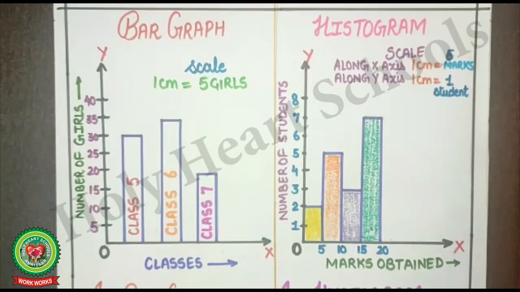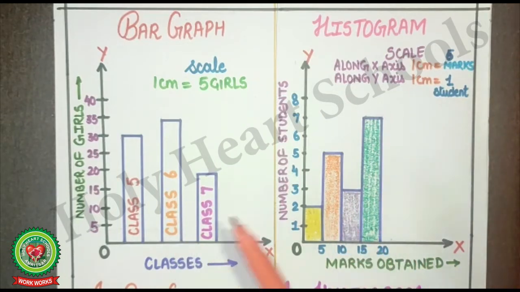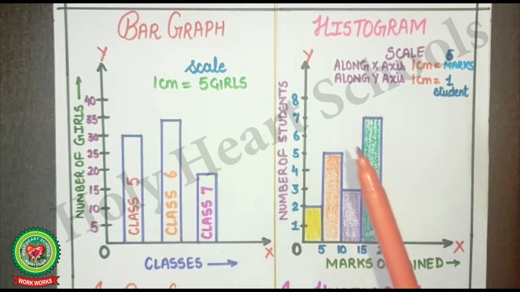So students, on this page you can see 2 graphs. On the left side there is a bar graph and on the right side there is a histogram. Bar graph we have already done in our previous classes. Histogram, as you can see, is similar to bar graph. But what is the difference between the bar graph and histogram?